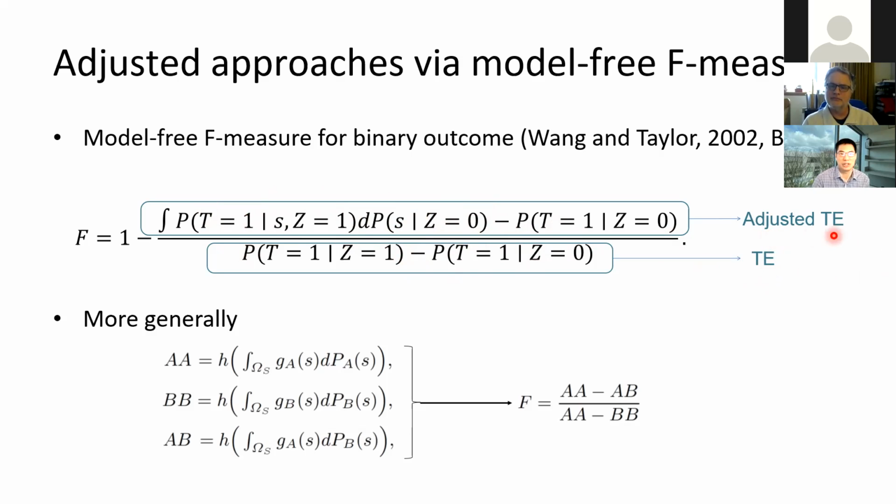They call it the adjusted treatment effect, through a kind of direct adjustment, and then take one minus that. More generally, they proposed AA, AB and BB, so essentially it is a function of adjusted absolute risks, and the so-called F measure is AA minus AB versus AA minus BB.